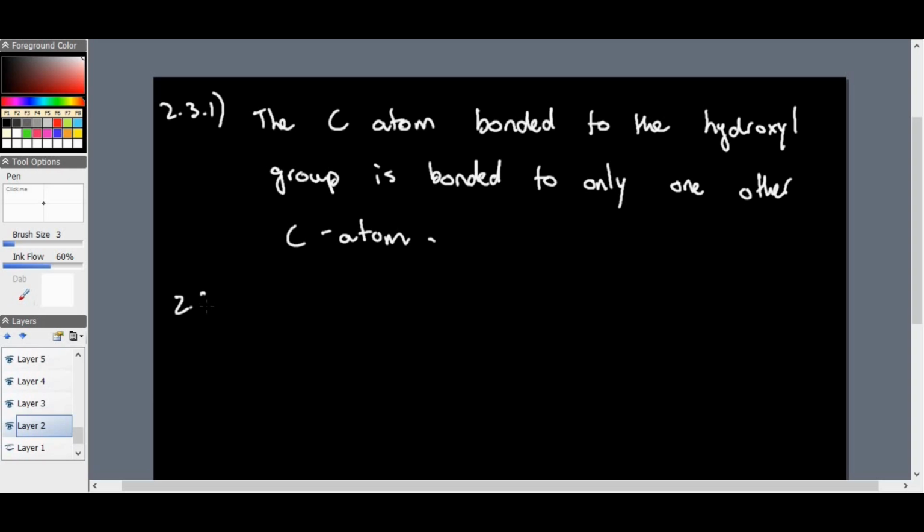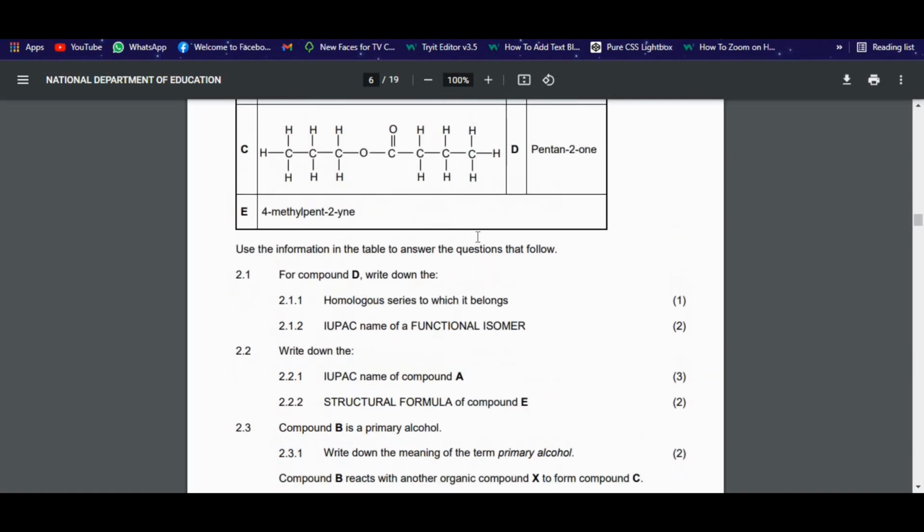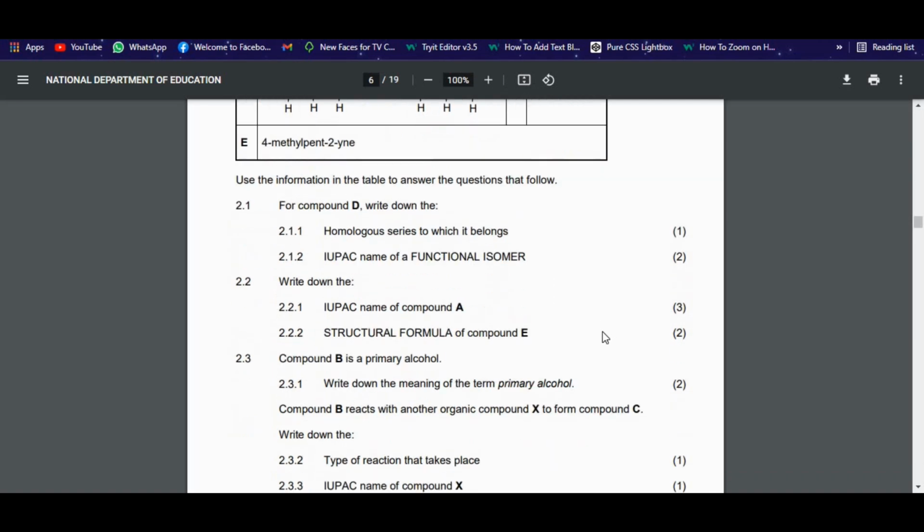2.3.2. All right, let's check here. Compound B reacts with another organic compound X, which is obviously not present in the table there, but it forms compound C. So here we have compound C, we can see it. Excuse the pun. They say, write down the type of reaction that takes place.